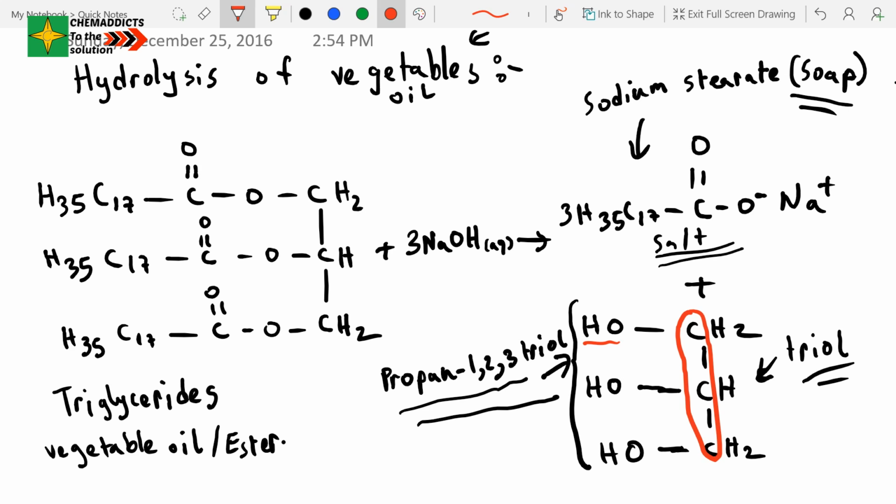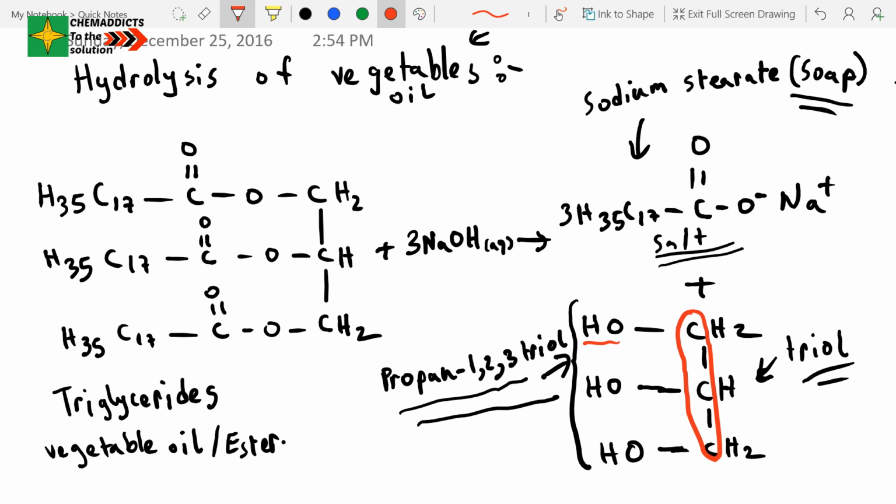We should also mention the position of the hydroxyl groups in the name, so we number the carbons. There is a hydroxyl group in carbon number 1, carbon number 2, and carbon number 3. So this is how we name this compound, propane 1, 2, 3 triol.